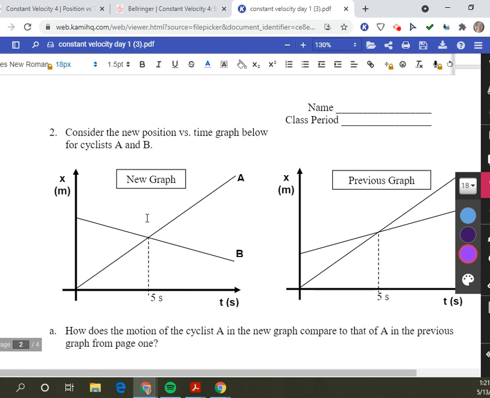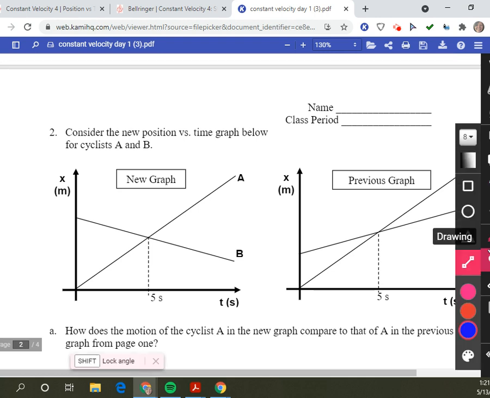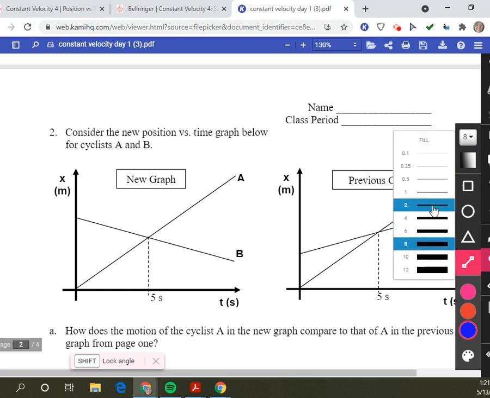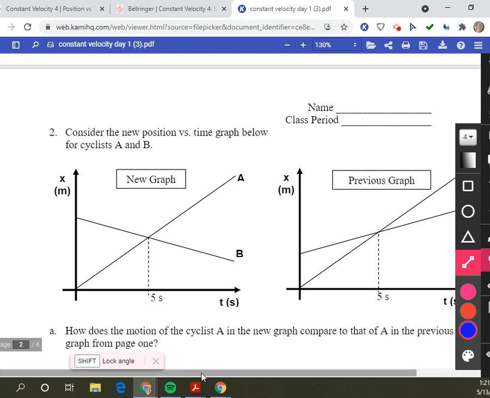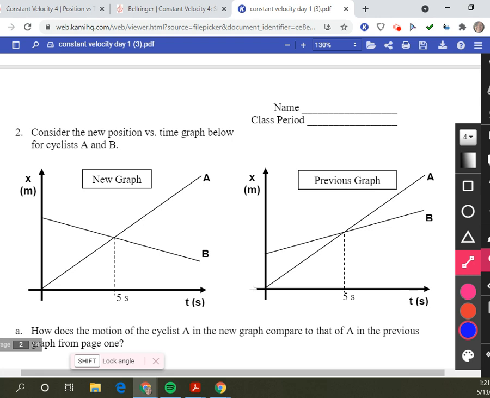Okay. So let's remember what we said, and we will see if we can make it an arrow.